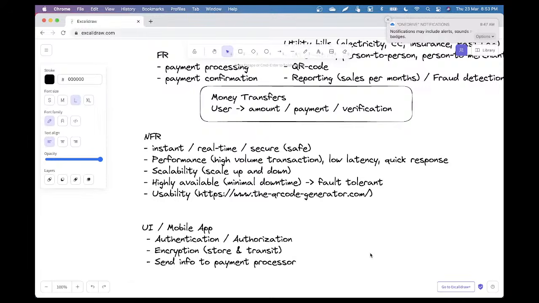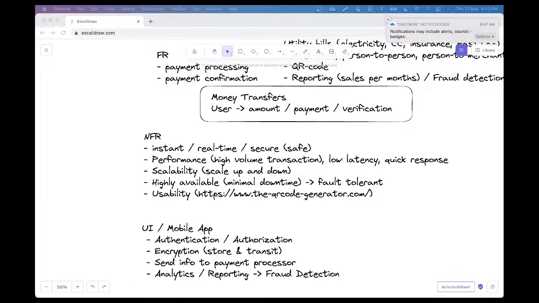Then everything will also be stored for analytics and reporting purposes. Fraud detection is also an important thing, which has to be supported by all the apps, and they do support fraud detection as well.